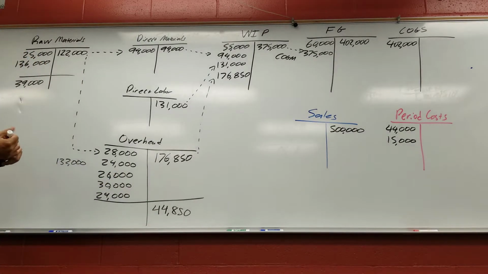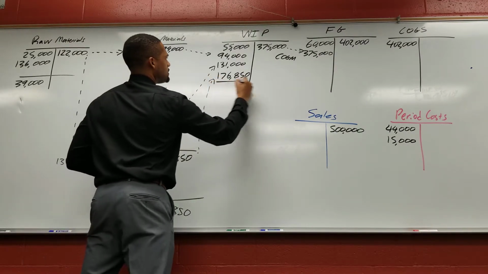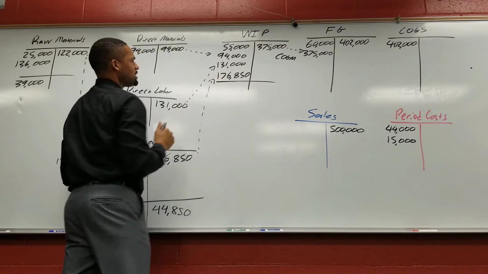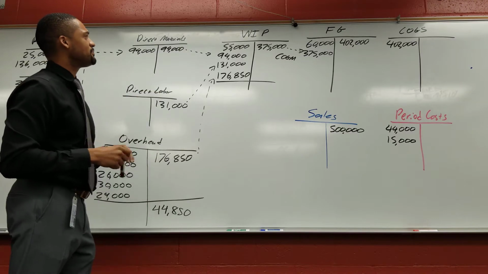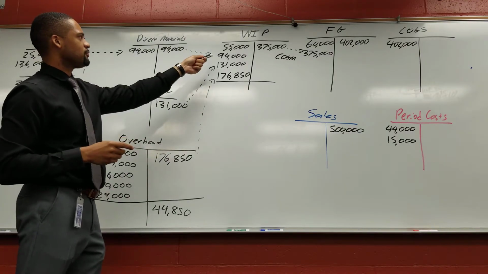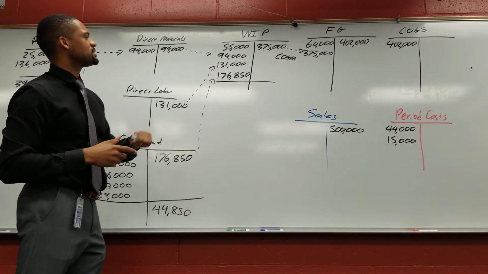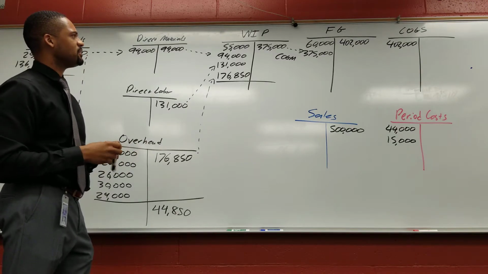Work in process is next. Here's our current manufacturing costs, materials, labor, and overhead. We started with 55,000. We added 94 of materials, 131 of labor, and 176,850 was applied overhead.